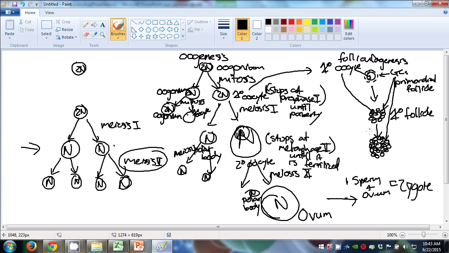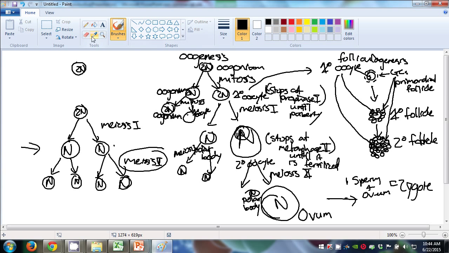Granulosa cells still. What do you call the cell in the middle here? No, still primary. This is now called a secondary follicle. The secondary follicle potentially could start to develop an antrum.